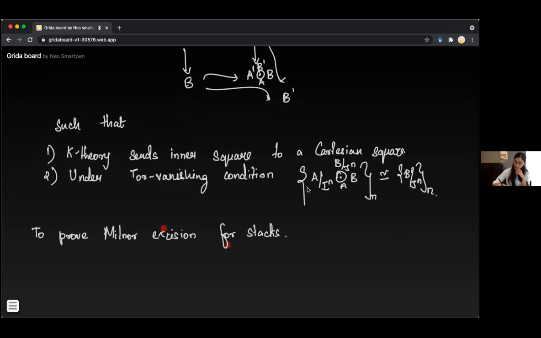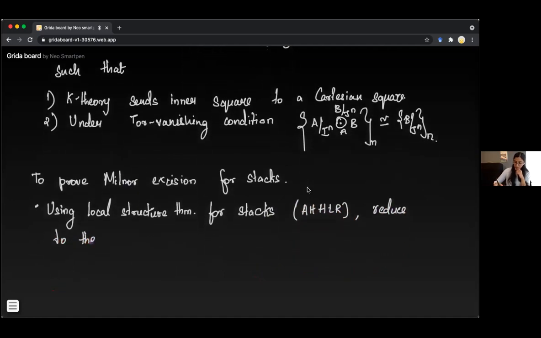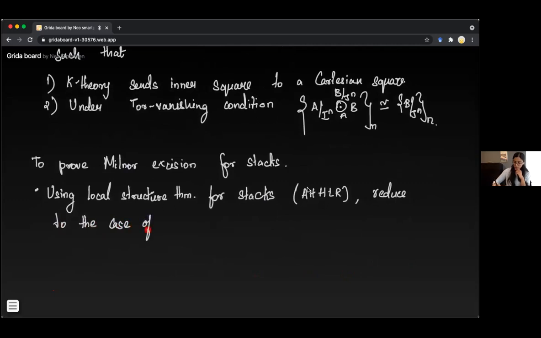So using the local structure theorem for stacks, we reduce to the case of some affine scheme mod a linearly reductive group scheme.